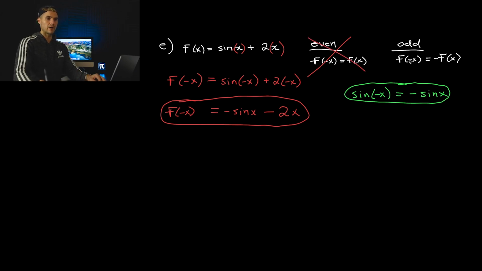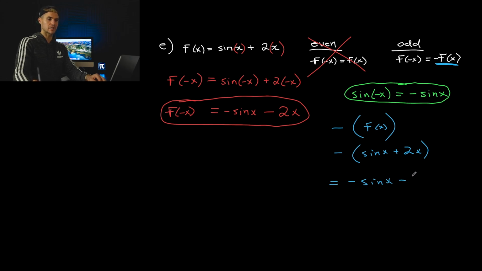Okay, what about this check here? Well, we already have f of negative x, so let's find this expression, negative f of x. So if we do this down here, negative bracket f of x, well, all we have to do is plug in the original function f of x, sine x plus 2x, in the bracket, distribute the negative: negative sine x minus 2x, like that.